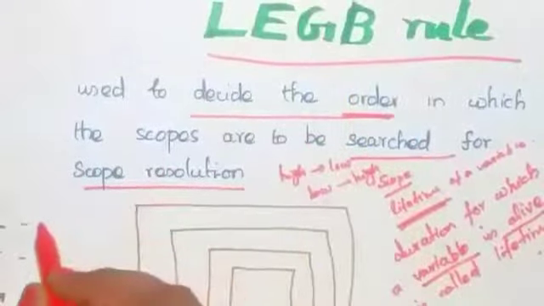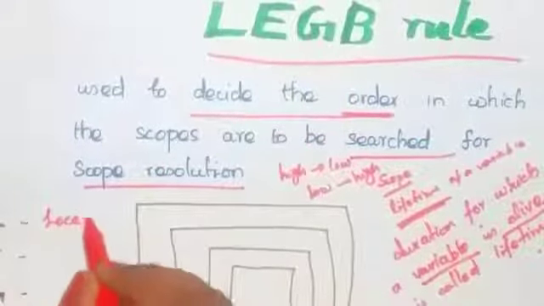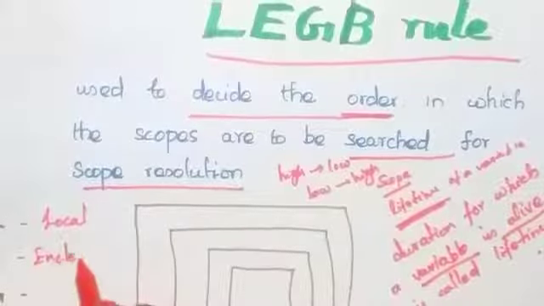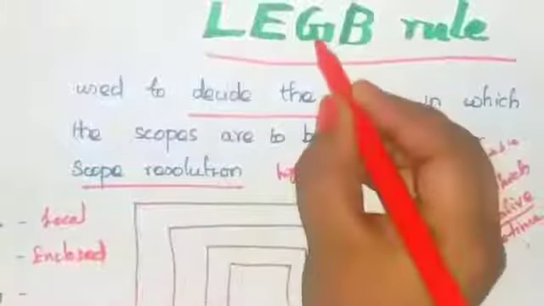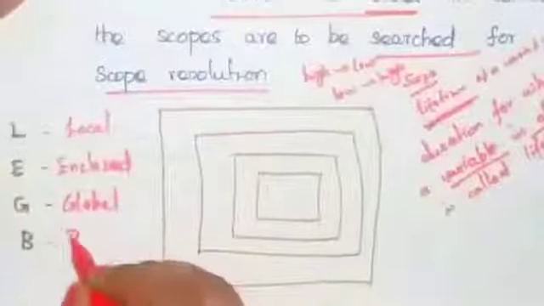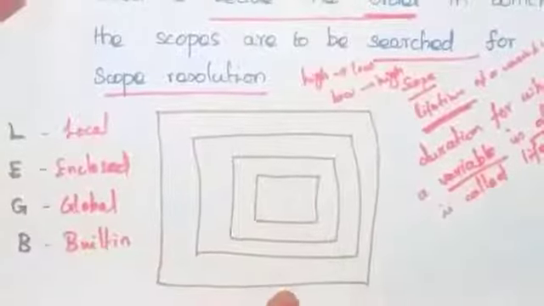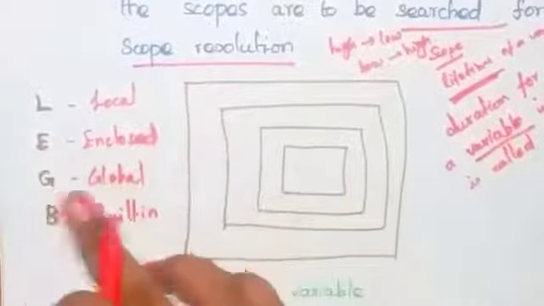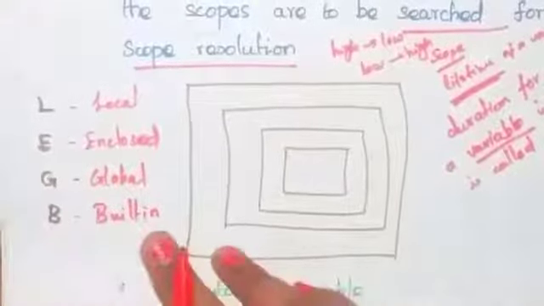L stands for local, E stands for enclosed, G stands for global, and B stands for built-in.